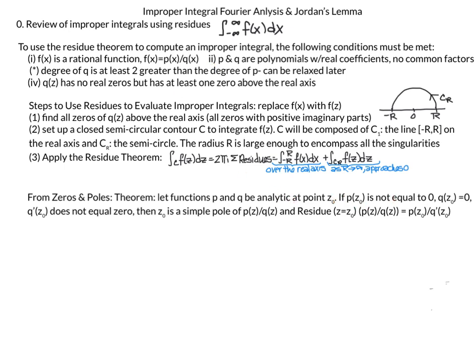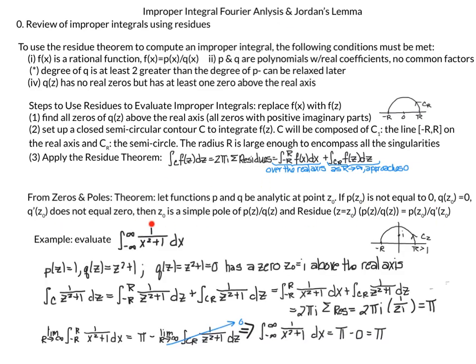If p of z0 is not equal to 0, but q of z0 is equal to 0, in other words, it's a singularity of our function, and q prime of z0 does not equal 0, then z0 is a simple pole of p of z over q of z, and the residue at z equals z0 of p of z over q of z is equal to p of z0 divided by q prime at z0. So we'll be using this quite a lot.